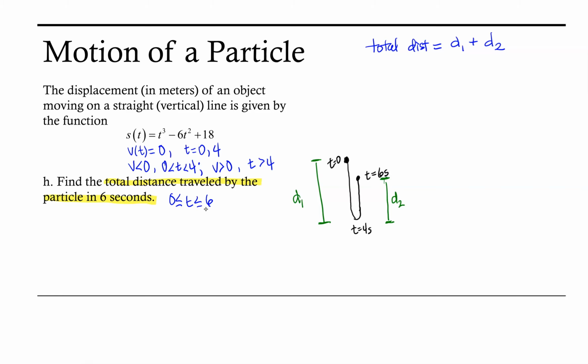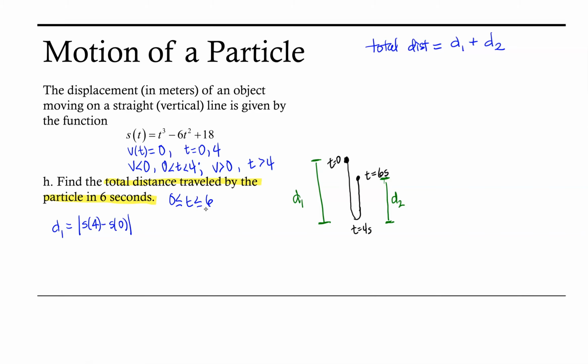So to find distance 1, we just need to know the difference in the position of the particle at the 2 times. So distance 1 is going to be, and since this is distance, we're going to go ahead and use absolute value, the absolute value of s of 4 minus s of 0. So the difference between those two positions.